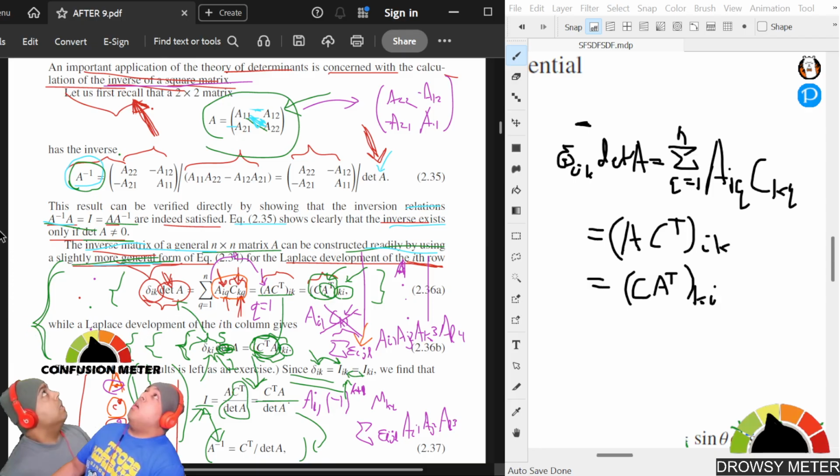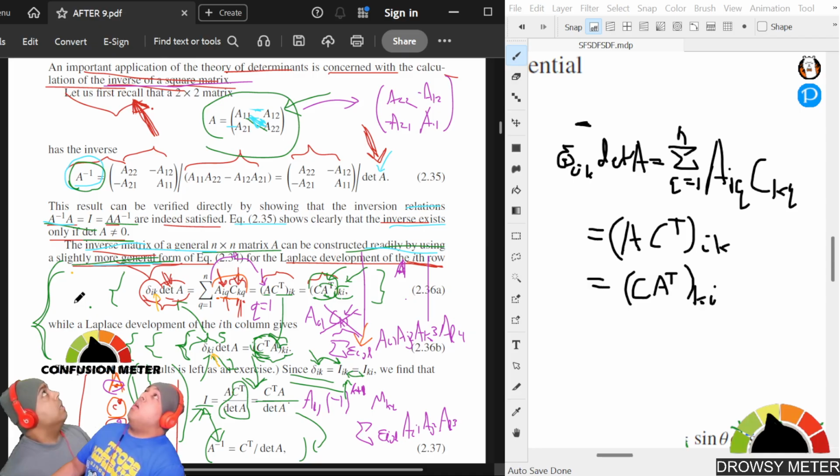What's the difference between the ith row and the ith column? I might need to erase some stuff because it's getting too wild. So we just switch around the indices, ik and ki.